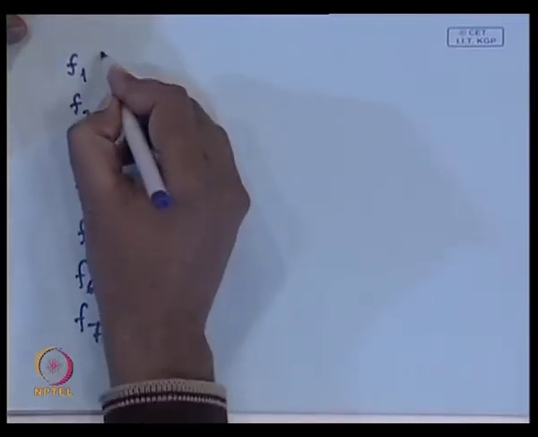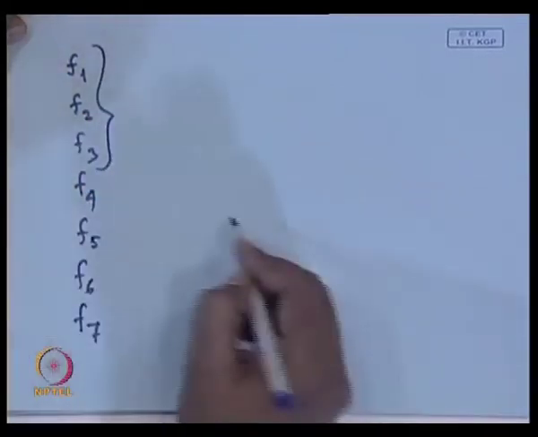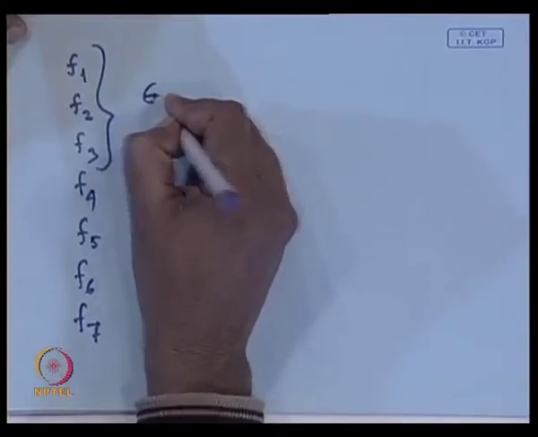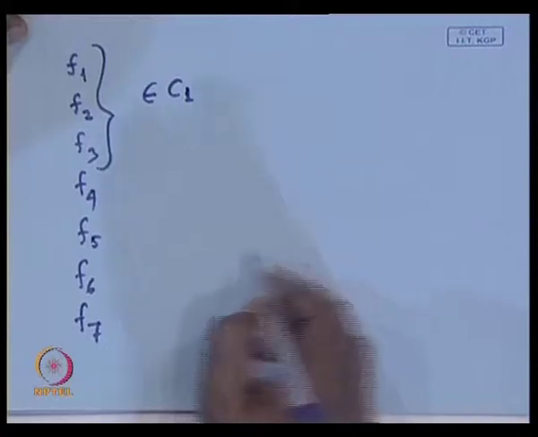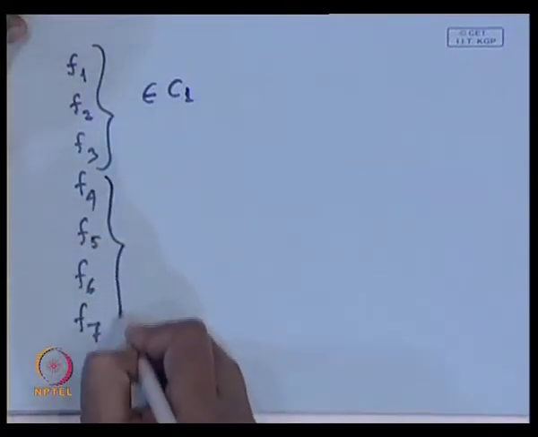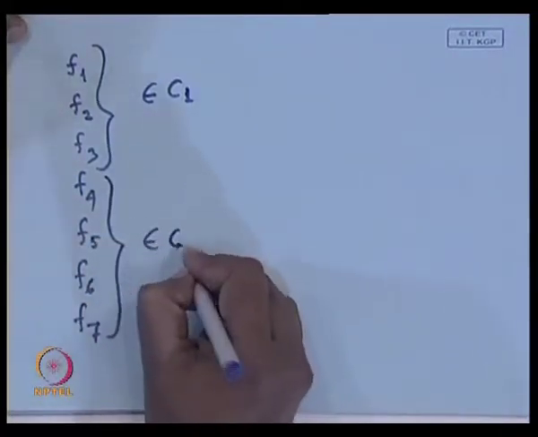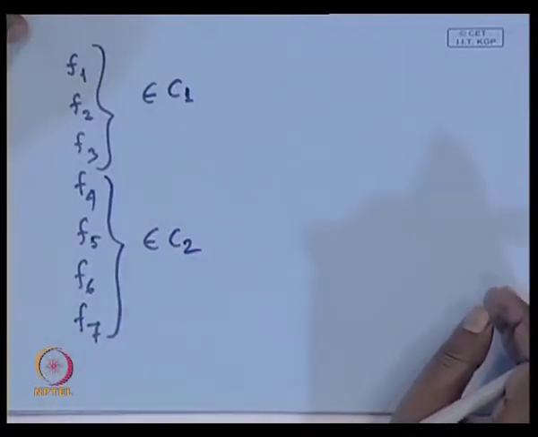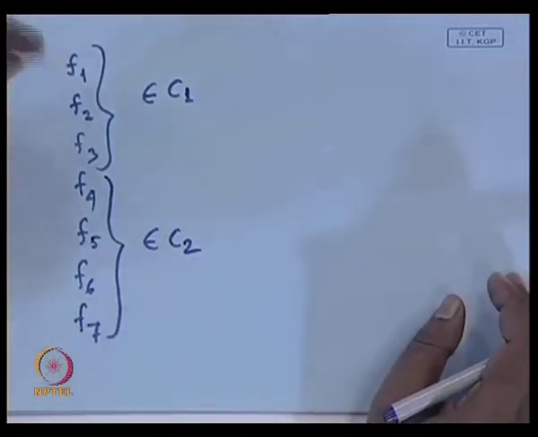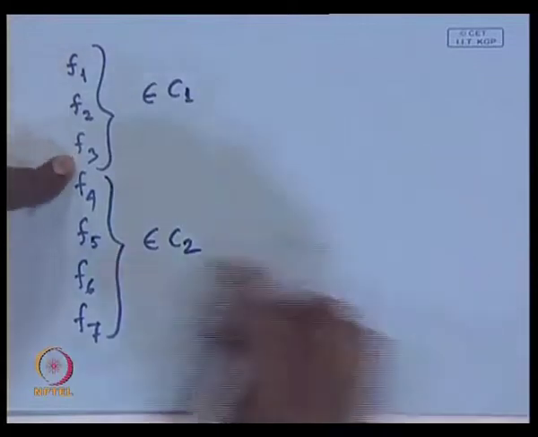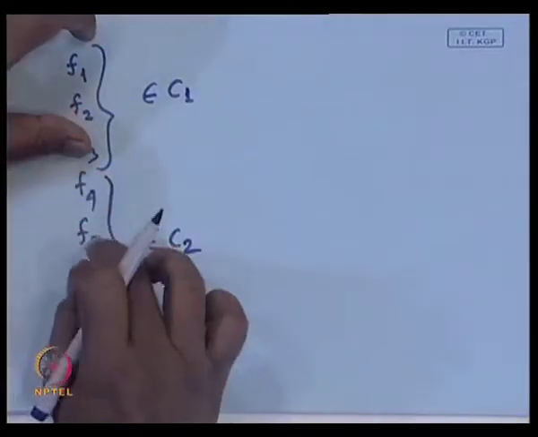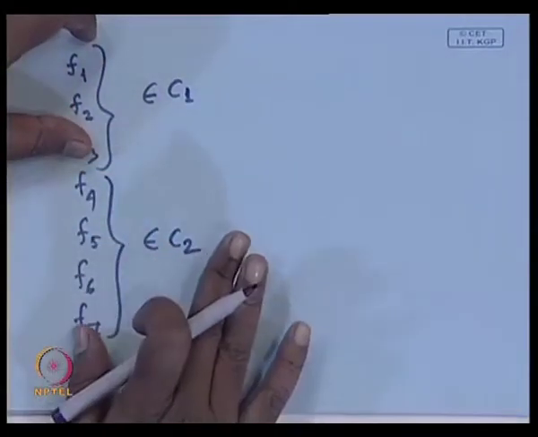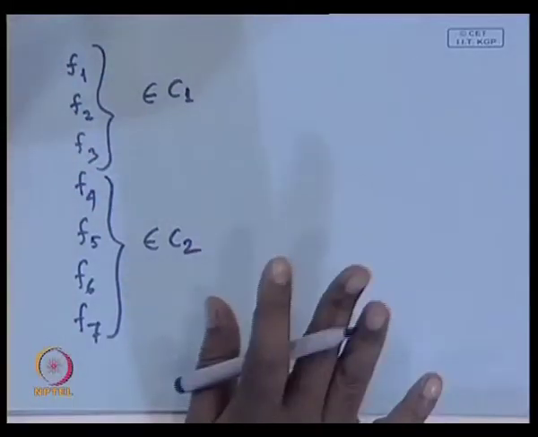Suppose f1 to f3 are the feature vectors which belong to, say, class C1, and f4 to f7 belong to class C2. In case of supervised learning, this is already told: these three feature vectors f1, f2 and f3 belong to class C1. Similarly, f4, f5, f6, f7 belong to class C2.